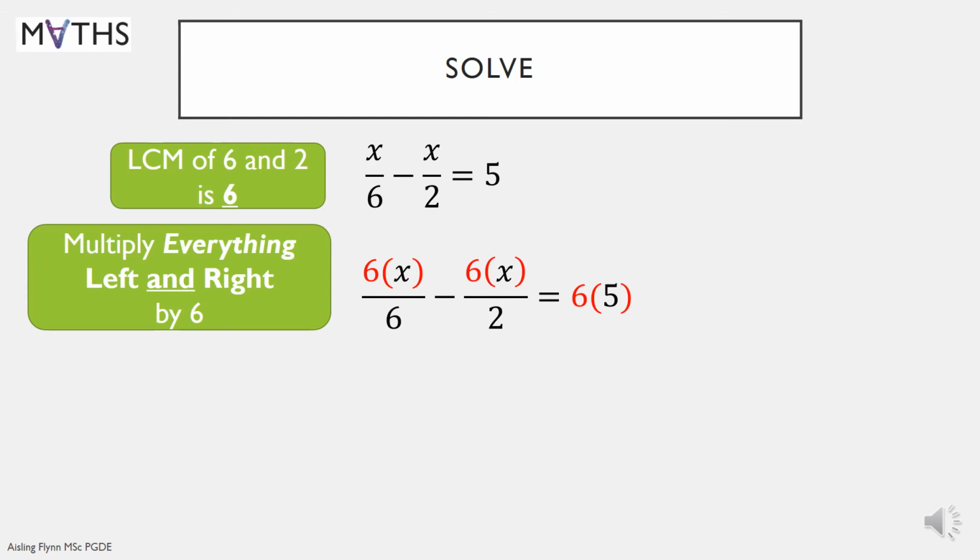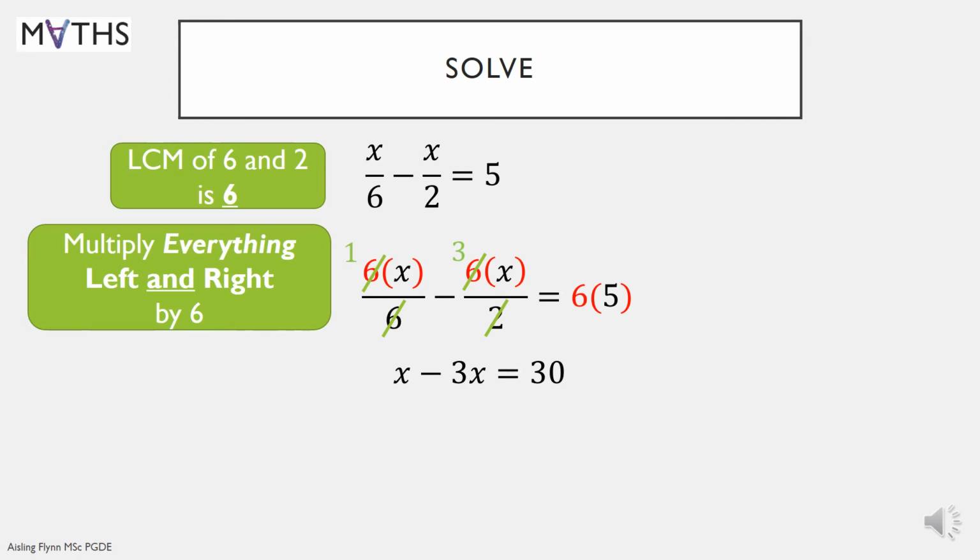All right, and now we can do some division. 6 divided by 6 is 1, so you're just left with 1x. Minus 6 divided by 2 is 3, so you're left with minus 3x. And on the other side, you just have 6 times 5. And remember, if you wanted to look for a denominator for the 5, it's 5 over 1.